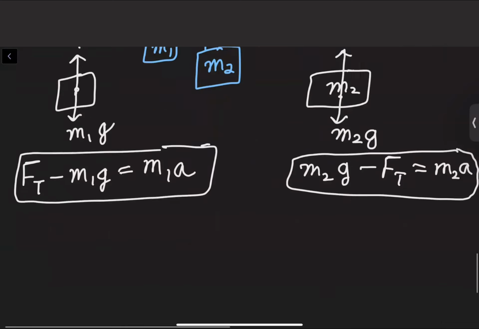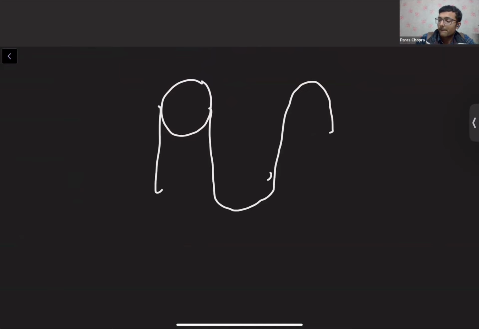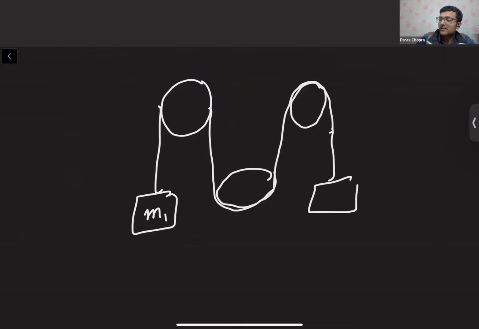Okay. Then in some problems, you have a system of pulleys. So if you have a system of pulleys like this, then what will be the equations that you will write? All the pulleys are frictionless and massless. So first we will assume that the tension force in all the pulleys is the same because they are a single string.